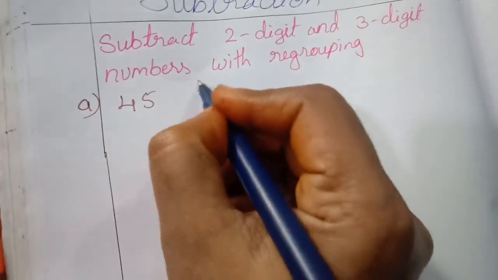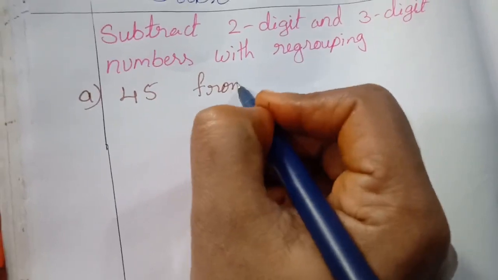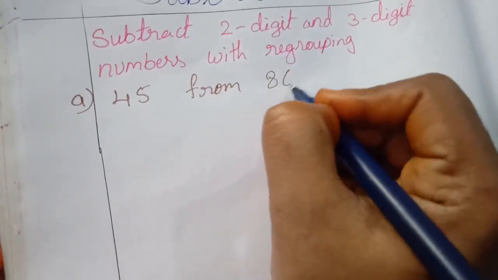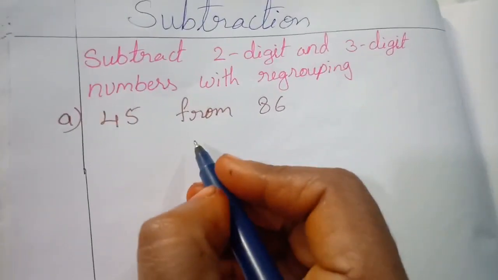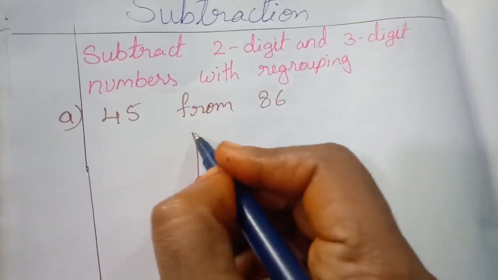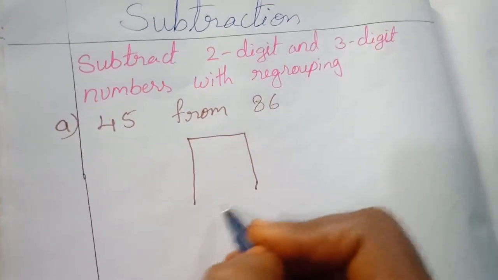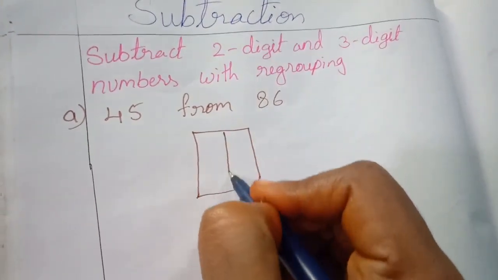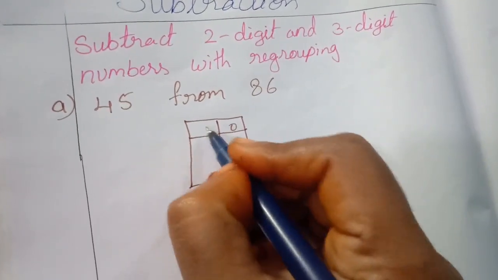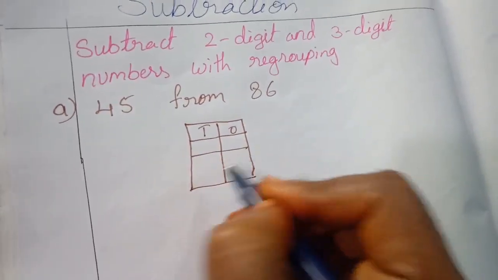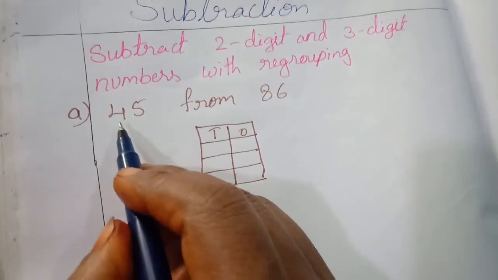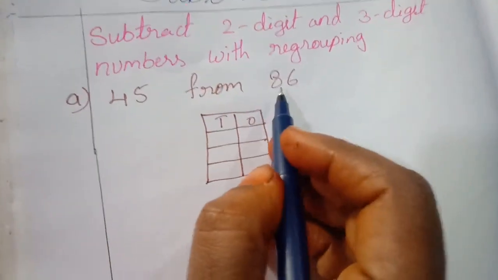45 from 86. First of all, you should draw the place value chart, as ones place, tens place. See, 45 from 86.